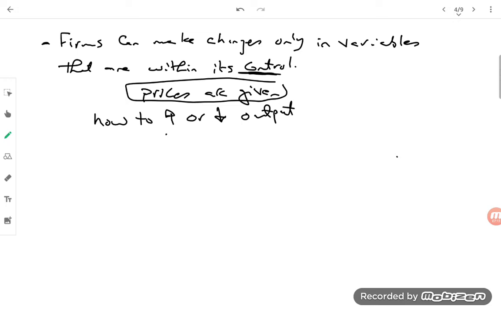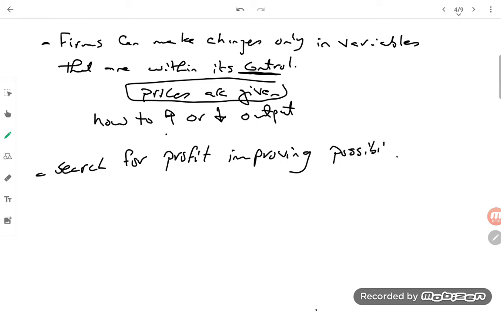Point number two. Firms are searching for profit improving possibilities. In doing this, focusing on profit improving possibilities, firms have to think about small changes, or in other words, marginal change.